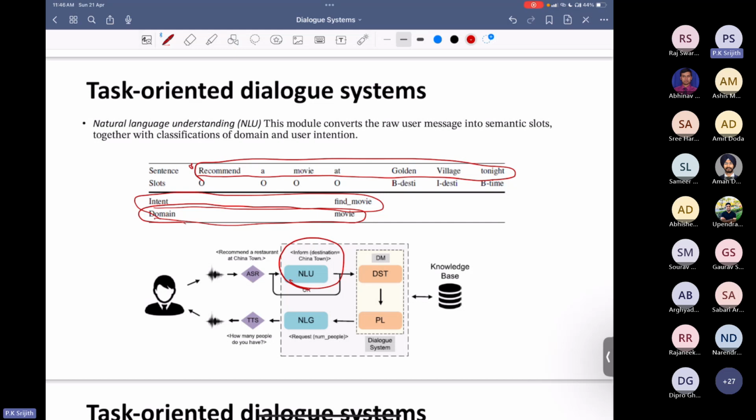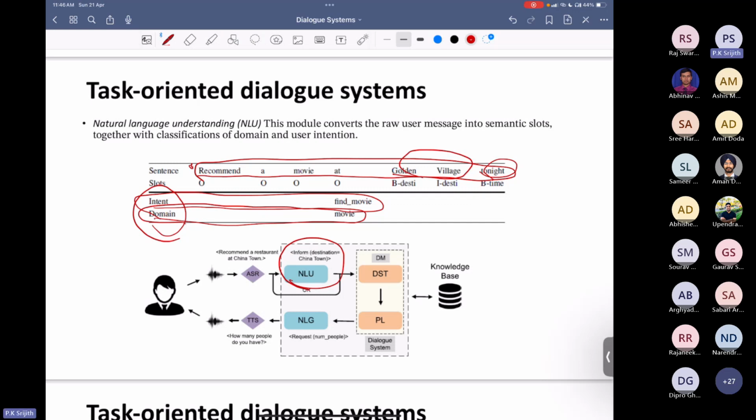Apart from understanding the domain and intent, it also has to understand some minute details present in the input sentence, like the location or the date the user is talking about. For example, from this sentence it can understand the location is Golden Village and the date is tonight.